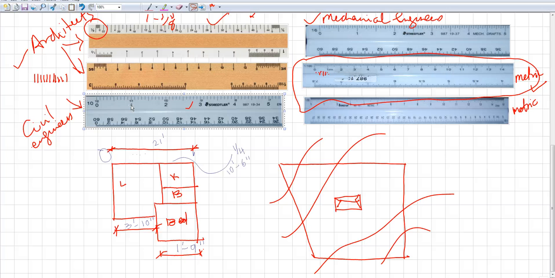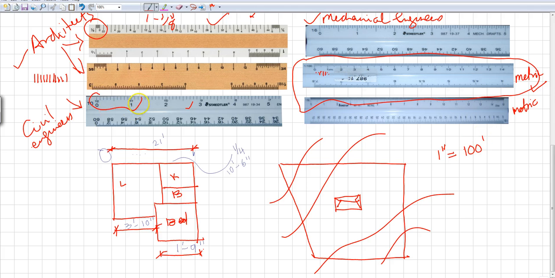Okay, so this is the scale that is used to measure the maps. You know, you have your maps that you use for your driving. If you're drawing a map for the city, if you're drawing a map for the house, you would be using this scale to read the map. Okay, so what this scale could stand for is 1 inch on my drawing could correspond to 100 feet.